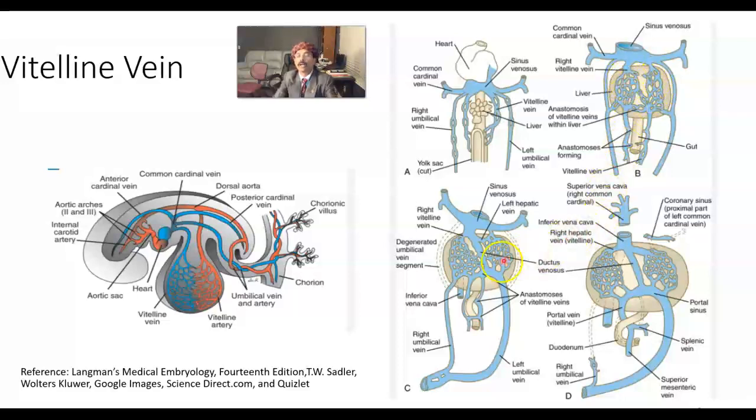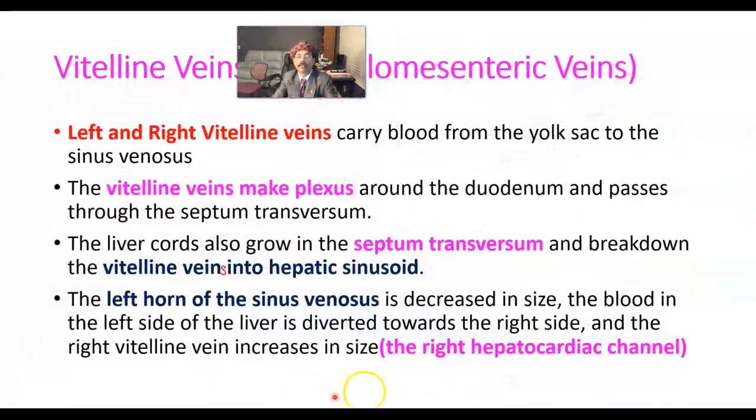The upper part of the right vitelline vein contributes to the formation of the upper part of the inferior vena cava. That is coming from the right hepatocardiac channel.